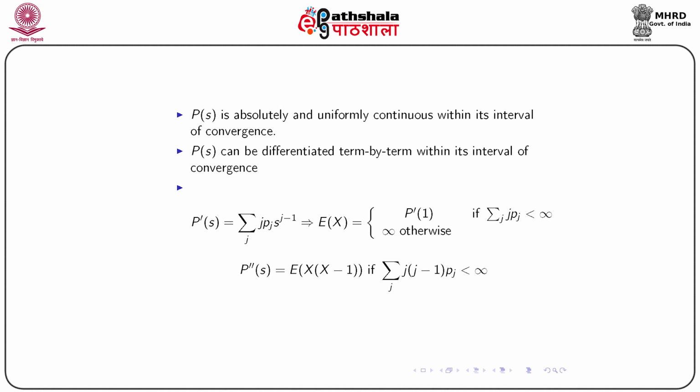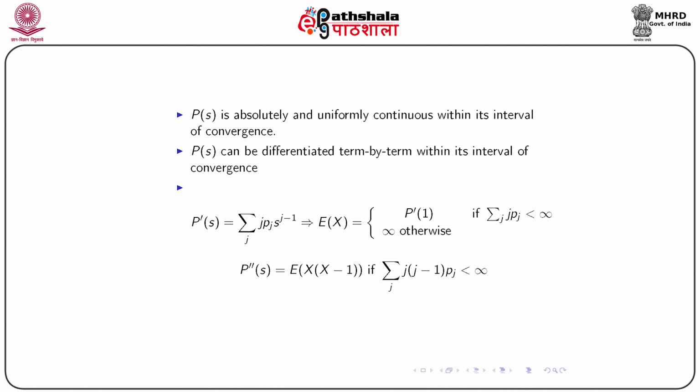Another important property is that this probability generating function can be differentiated term by term within its interval of convergence. It can be differentiated once, twice, thrice, four times, as many times as we want within its interval of convergence. Now if I differentiate P(s) once, what will I get? P prime(s), which is d/ds of P(s). So it will be the sum over j of j p_j s to the power j minus 1.